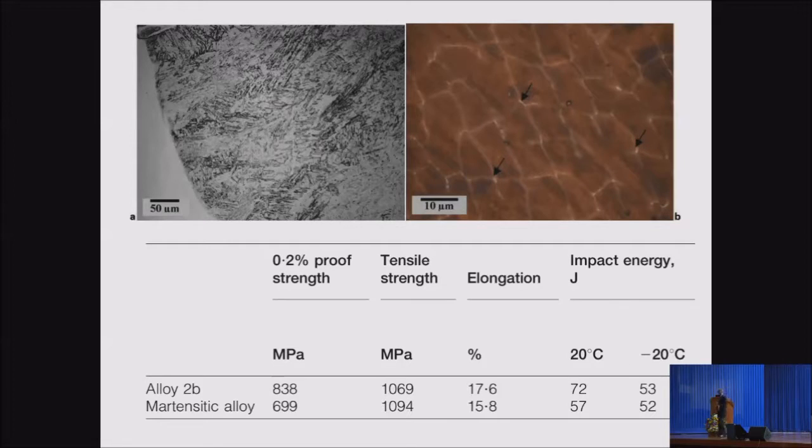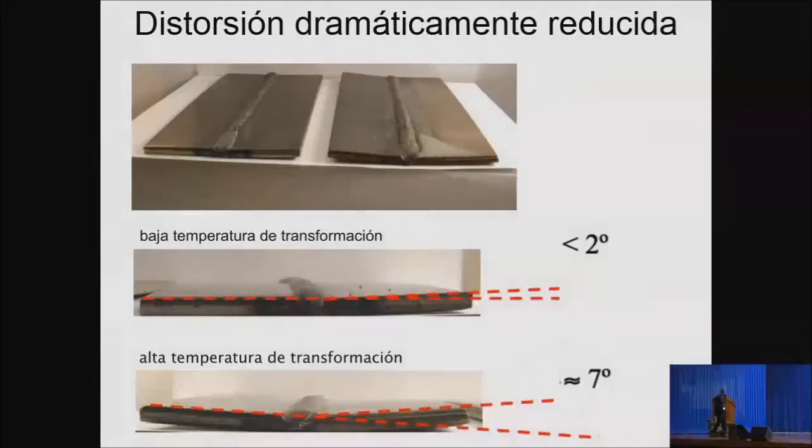And I'm going to show you the manifestation of residual stress in a different way. This is distortion. On one side you see a plate which is almost flat after welding, but on the other side you see that it's changed into a V shape because you've deposited the weld. So distortion is a manifestation of the residual stress, and it's an ugly feature when you're making very large objects.